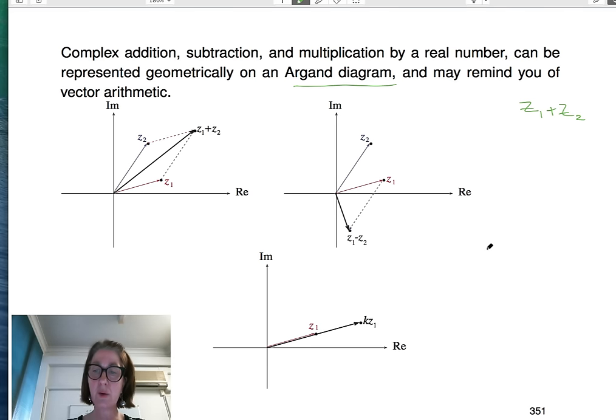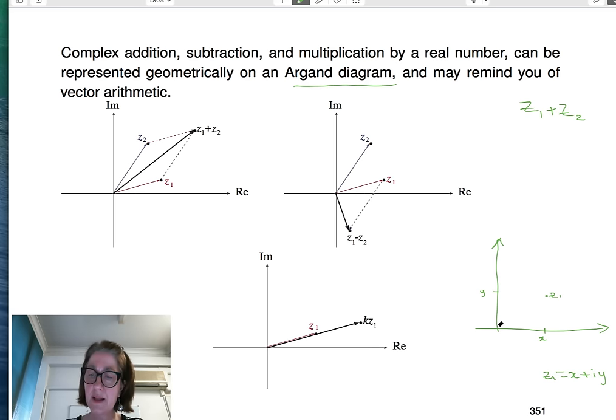When we started looking at sketching points in the Argand plane, I drew you a diagram where Z1 might have been here, and I drew it by just putting a point where this was the x coordinate of Z1 and this was the y coordinate of Z1. So Z1 was equal to x plus iy.